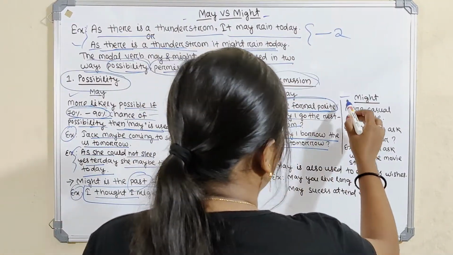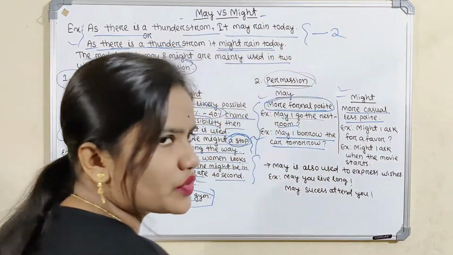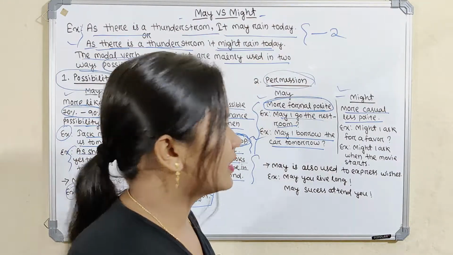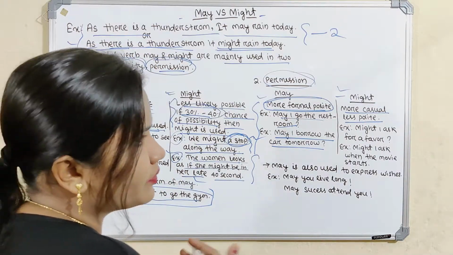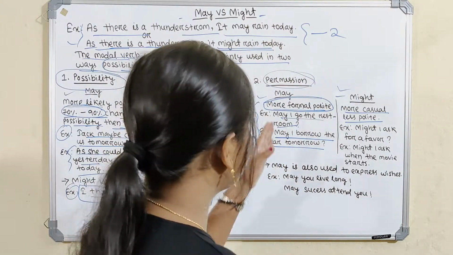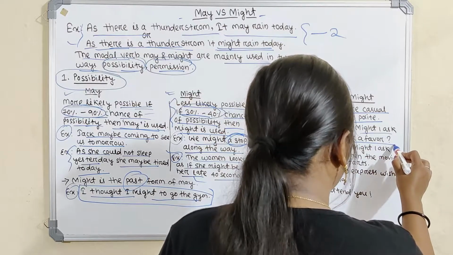So may is used. But in the case of might, it is more casual and less polite. It means casually, if we talk to our friends or people our age, we can use might. But when it is more polite and formal, like talking to a teacher, father or parents, may is used. For example, might I ask for a favor?